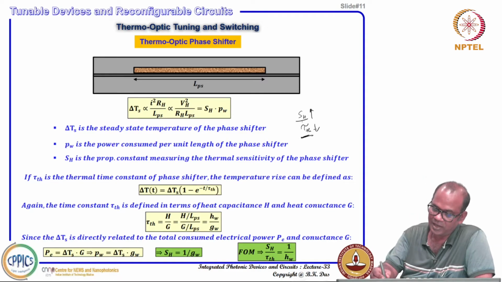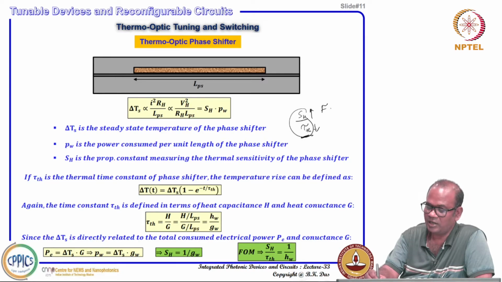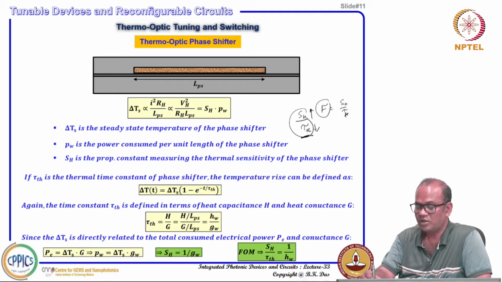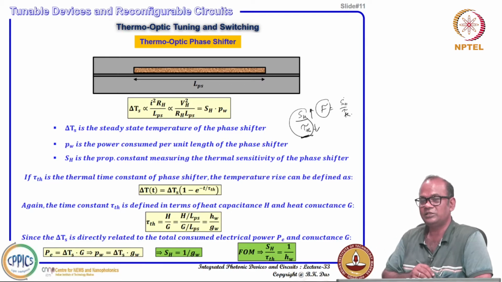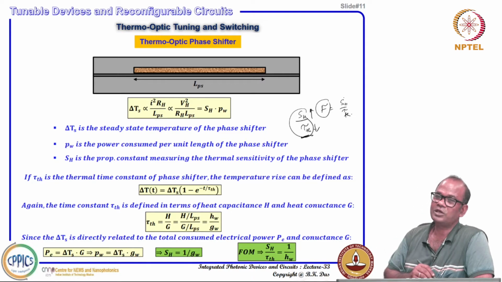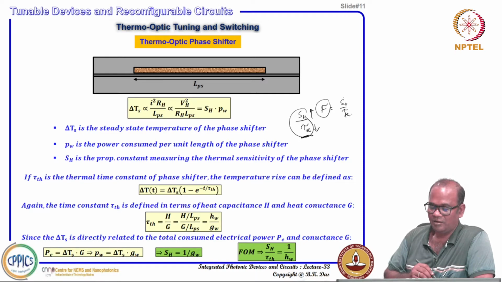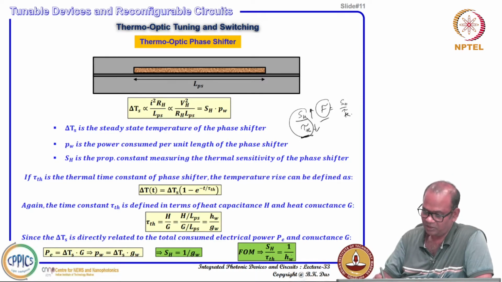So, we can define a figure of merit, SH by tau H, and you have to maximize it. Maximizing it means sensitivity is higher and the thermal time constant is lower, so you can get a very high temperature rise in a quicker time interval. That is why it is called a figure of merit.